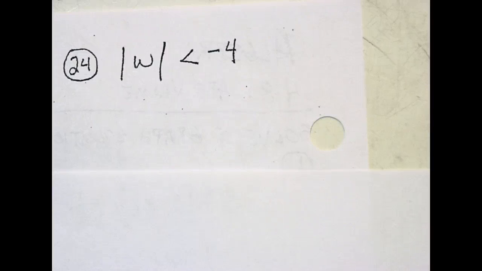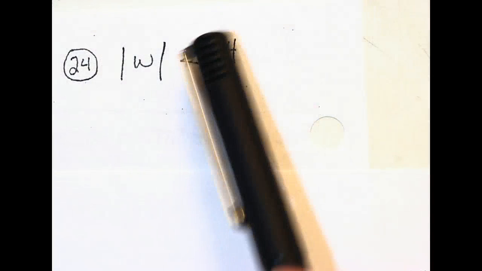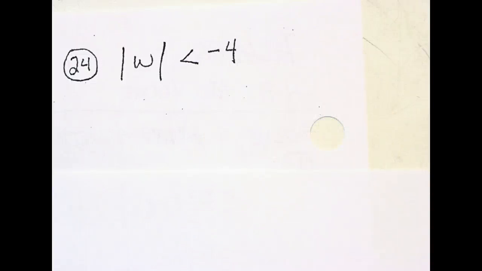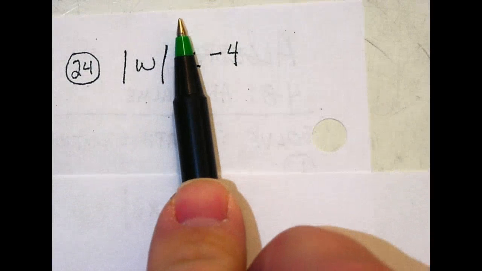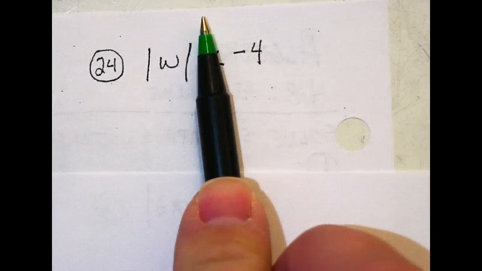Can anyone tell me why that's a problem? Go ahead, Annalise. Because the absolute value can't be a negative. It can't be a negative. Now, it for sure can't be less than a negative, right? If rather than the less than symbol we had equal, we know it can't equal a negative.